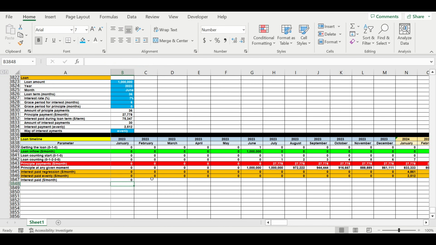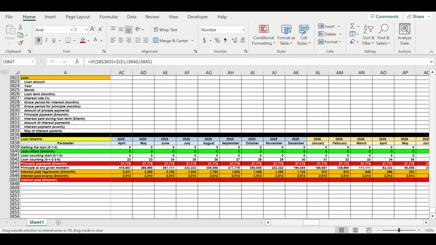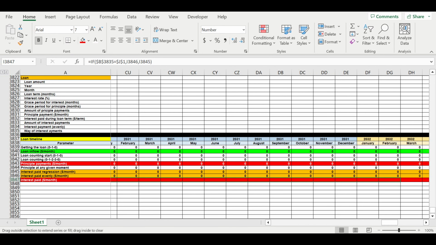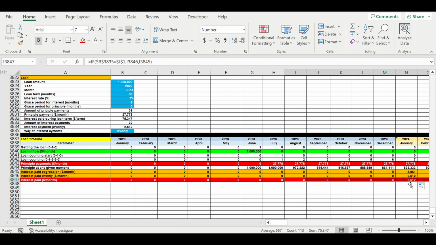Now let's close it and assign it the red color because this line will go to the cash flow statement. Now let's extrapolate this formula to the right. So evenly or regression.